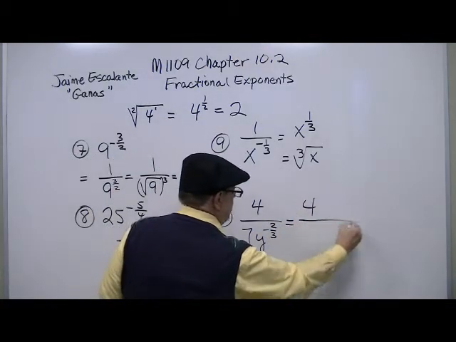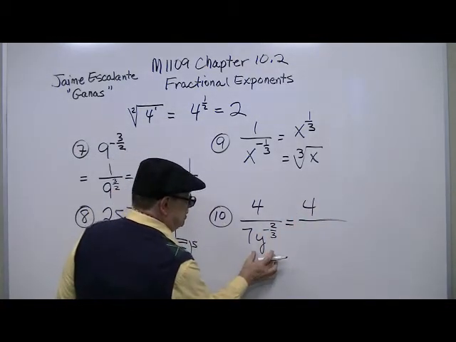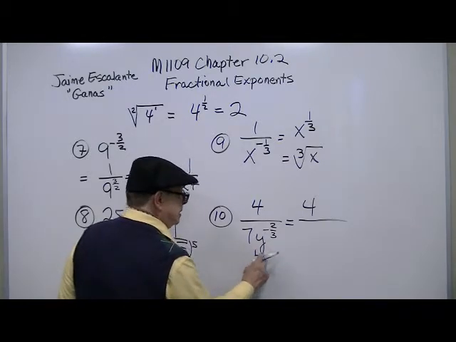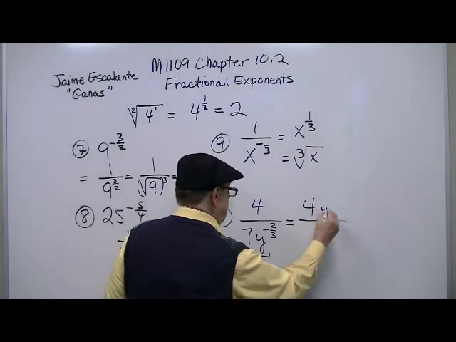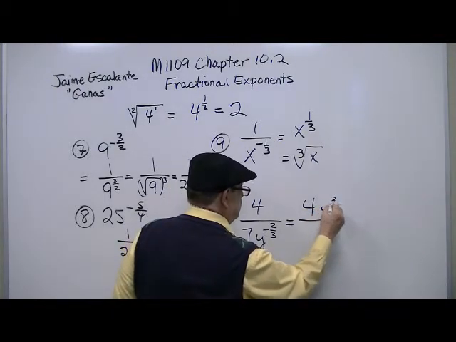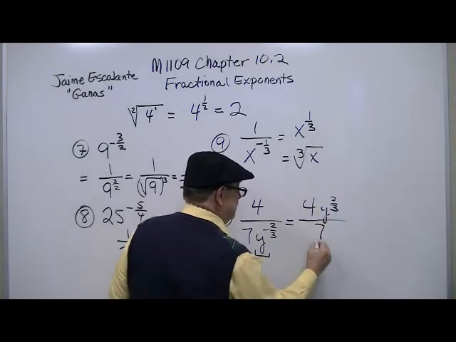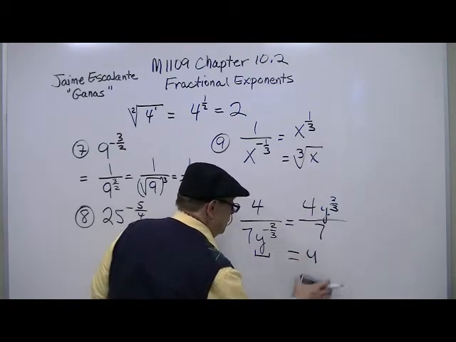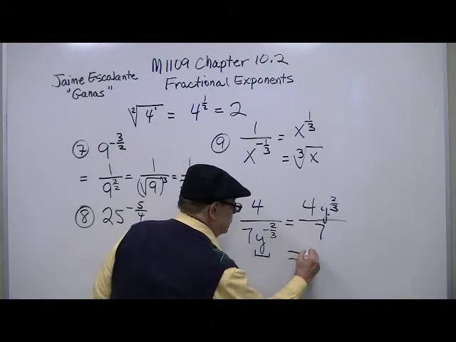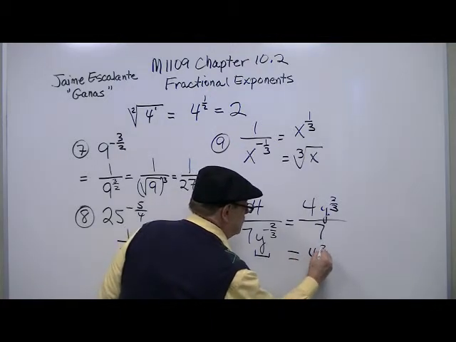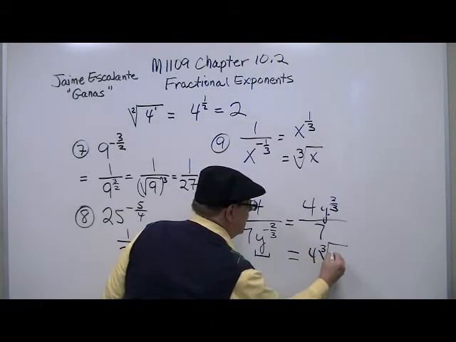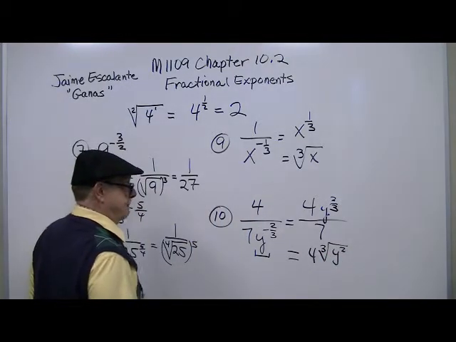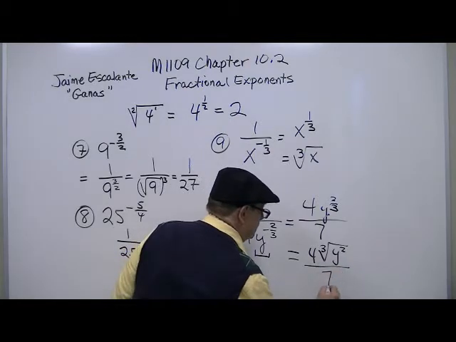It'll be 4. Now what goes up to the top is only the base, which will be y to the 2/3 over 7, which then becomes 4 the cube root of y, and you could put the square in there, that would be okay. And then that's all over 7.